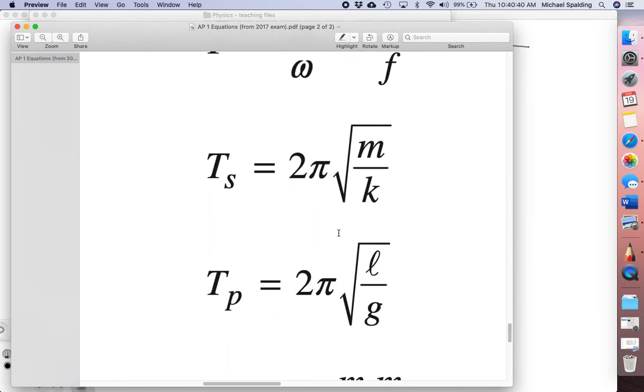So this equation right here that I'm moving the cursor around is the equation for period for mass on a spring, and then this one here is for a pendulum. So these are really important equations when it comes to period.